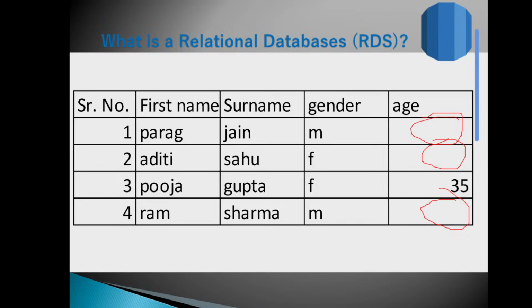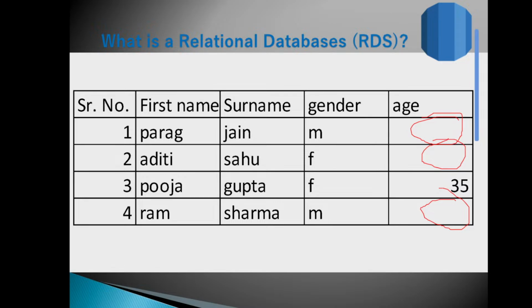Plus, they are tightly coupled. All the data in the system is tightly coupled. Tightly coupled means if you want to update only one row, let's say Parag Jain, and a value is there that he is a salaried person, and only that you want to update, you don't want to update any other column or any other record.